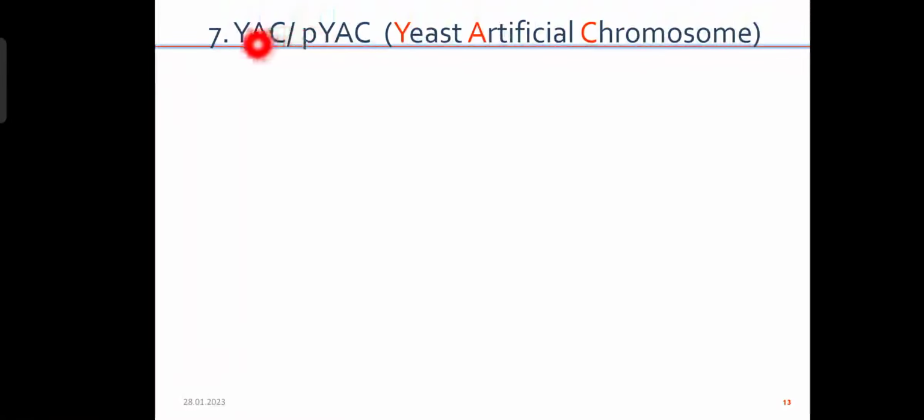Then YAC, that is yeast artificial chromosome.